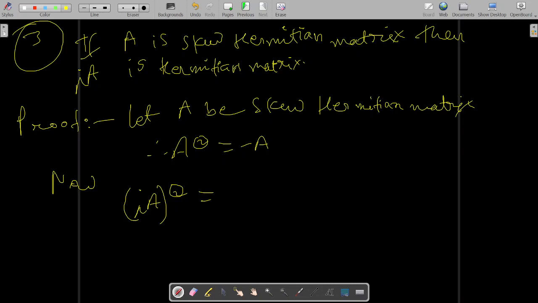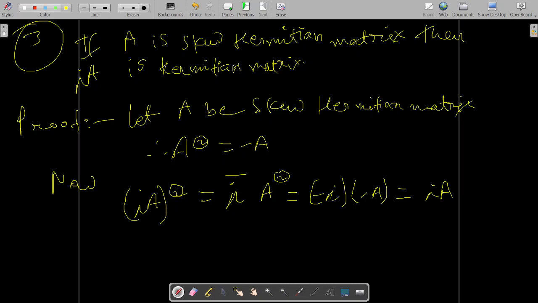Conjugate of I will be minus I, and A conjugate will be equal to minus A. So minus into minus will become plus, so it will be plus IA.